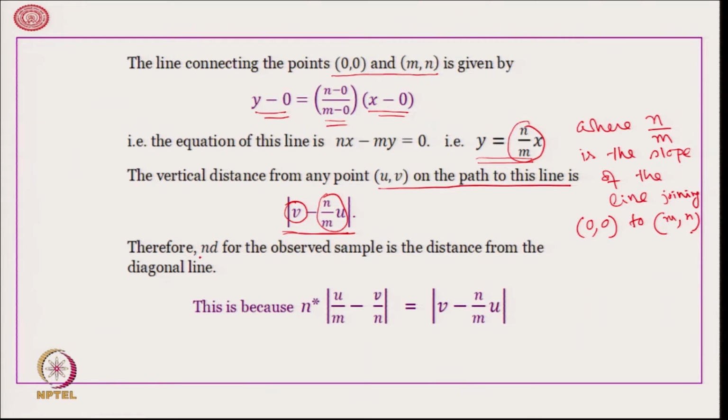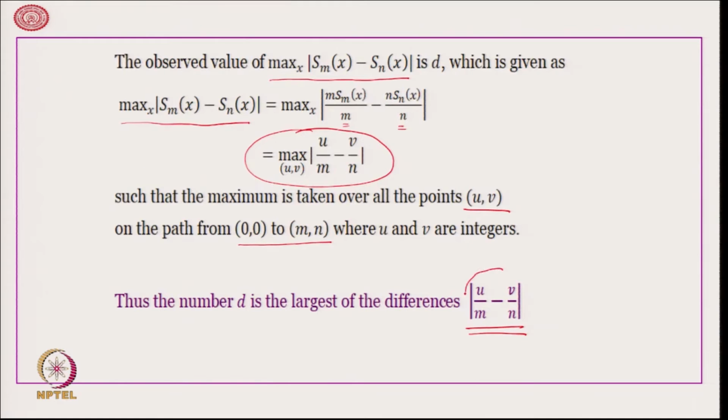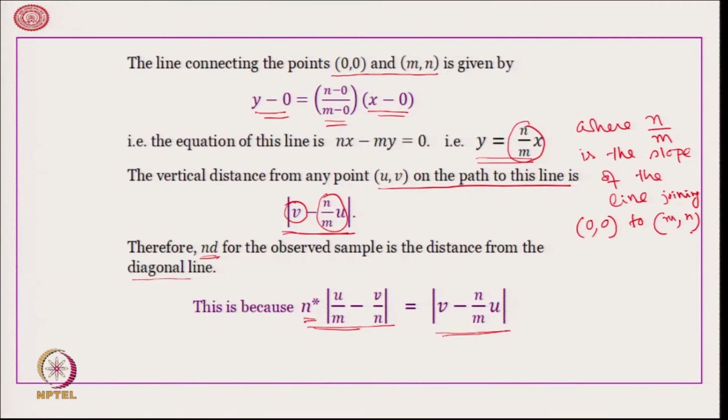Now, this suggests that n times d for the observed sample is the distance of the point from the diagonal line, since n times u by m minus v by n is equal to v minus n by m u in absolute terms. So, here we have seen u by m minus v by n is the difference. If I multiply that by n, we get the distance from the diagonal line.